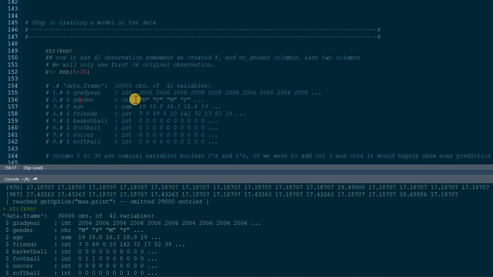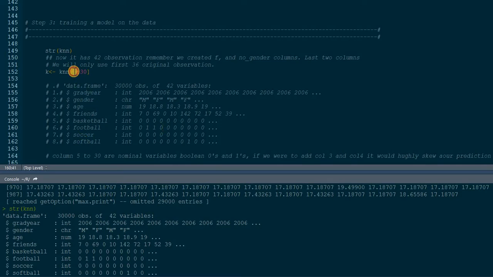Second is gender, which is a character. Third is age, probably between 13 and 20. Then the number of friends they've got on social media, and whether they play basketball, 0s and 1s. If they play basketball, 1; if not, 0. If they play football, 1; if they don't, 0. And so on and so forth.